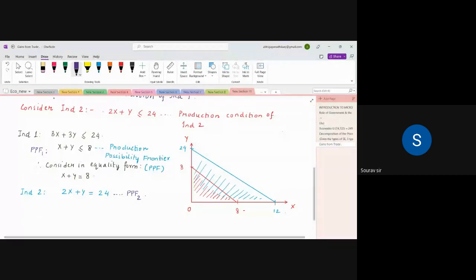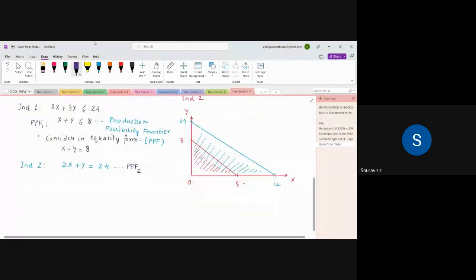Now let's consider if both the individuals are spending their entire 24 hours amongst the production of these two goods, then the production points will lie only on this line, correct? If they're using up the entire 24 hours that they have without wasting any, then all possible production points will lie on the straight line and not inside.